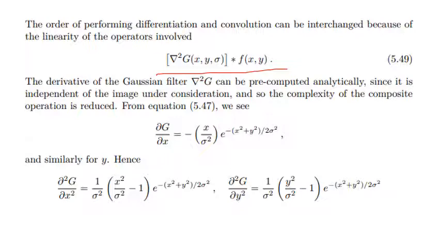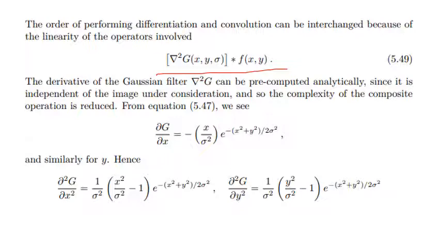So we take the Gaussian filter and then do the del square of G. It can be pre-computed analytically, since it is isotropic, independent of direction, and independent of the image under consideration. Thus the complexity of the composite operation can be reduced.